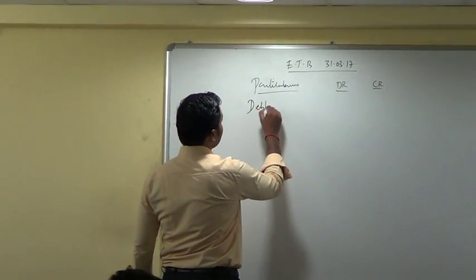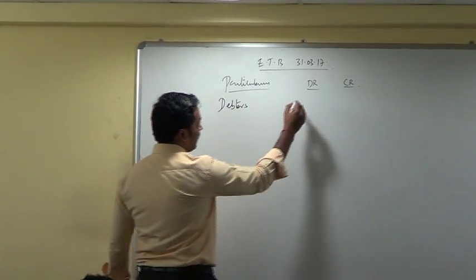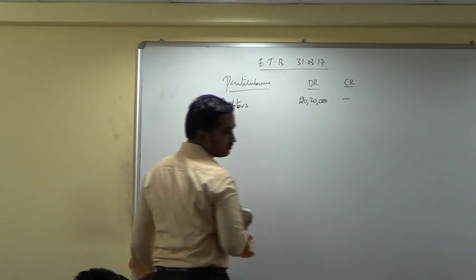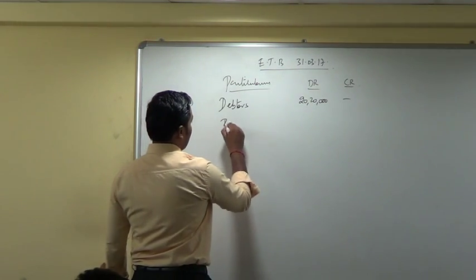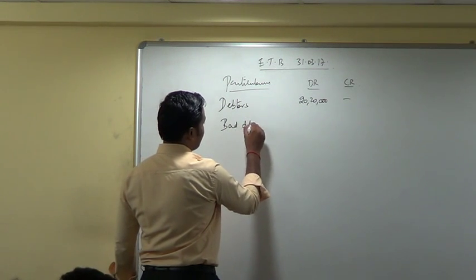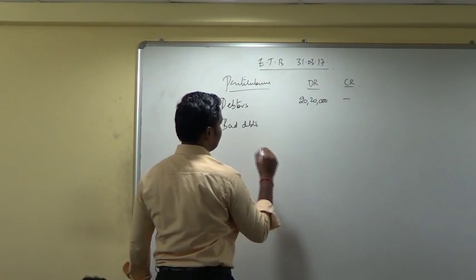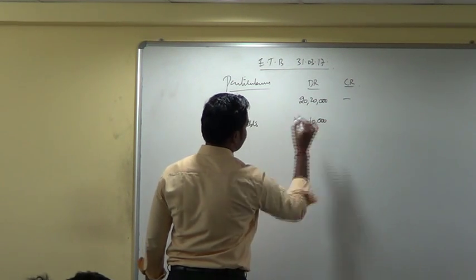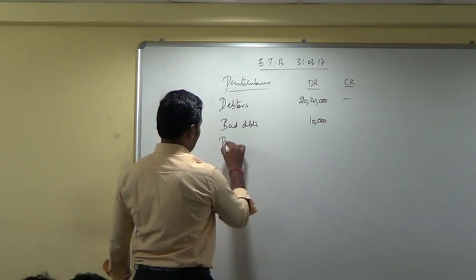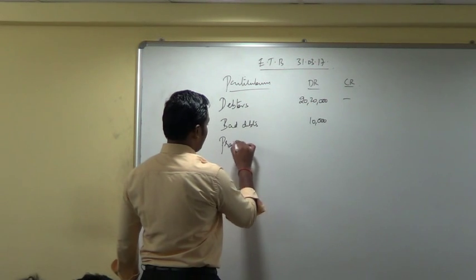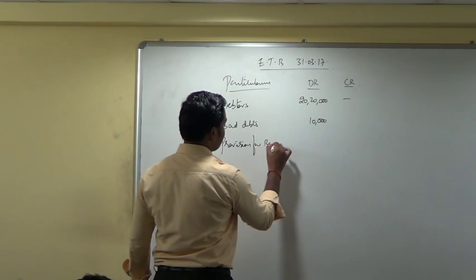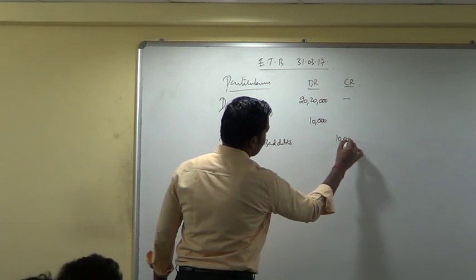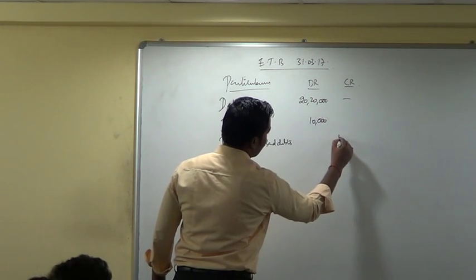Debtors: debit balance 20,20,000. Bad debts: debit balance 10,000. Provision for bad debts: credit balance 50,000.